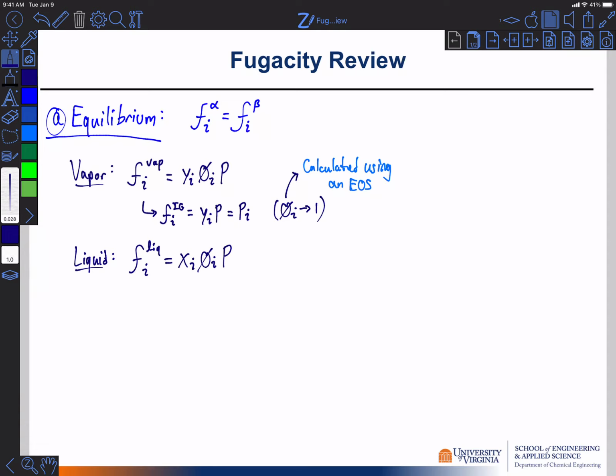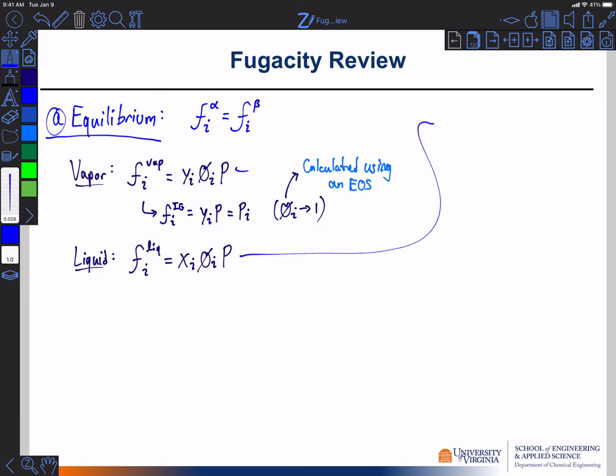It's exactly the same form that we have for the vapor phase fugacity, but now the way that we're interpreting the fugacity coefficient for the liquid is different, because we would need to do the calculations using the equation of state for the liquid as opposed to the vapor. But we always have this option available to us to use a fugacity coefficient in the expression for the liquid phase fugacity.